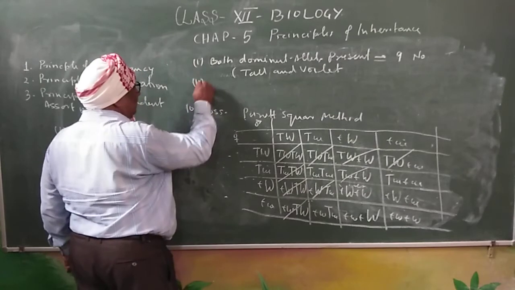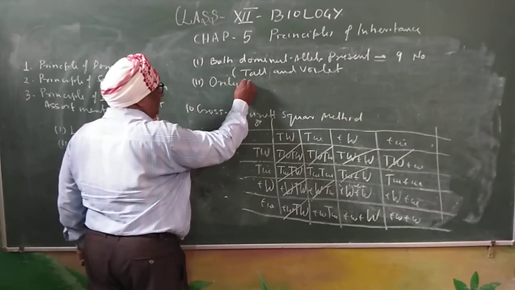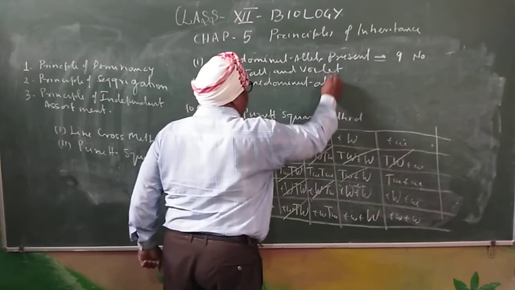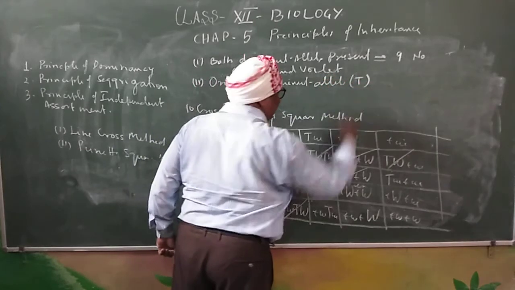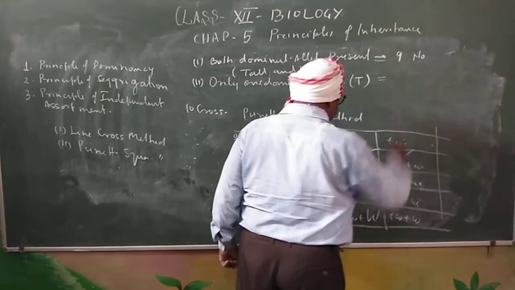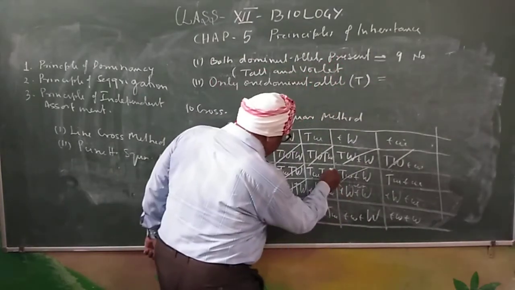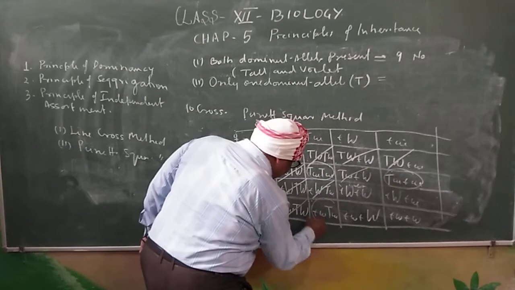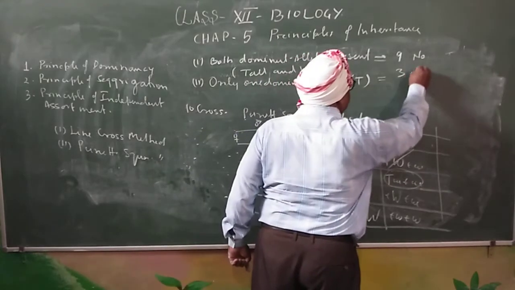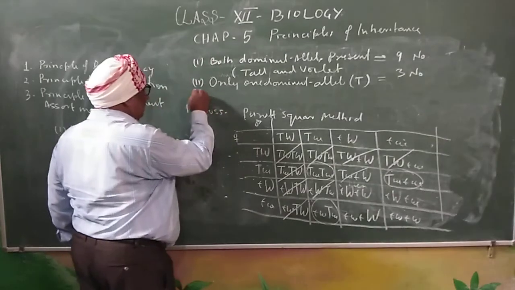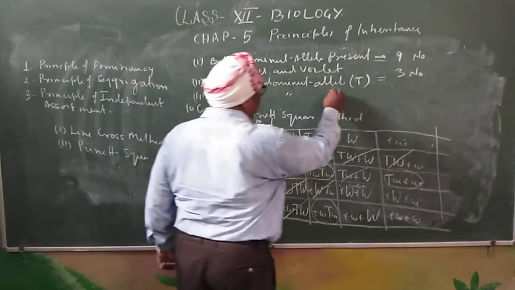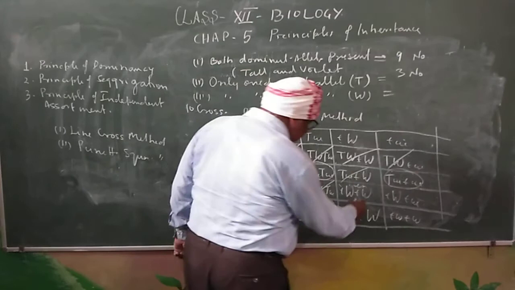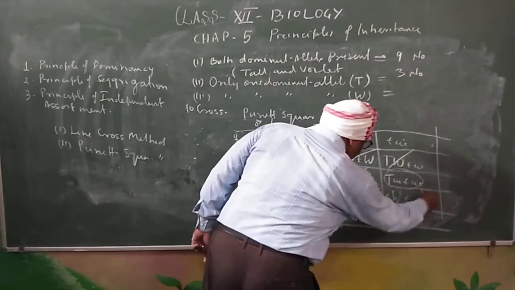Now, second, only one dominant allele, that is capital T. They are counting just to see capital T is having capital W. Now just to see, these are 1, 2 and 3.